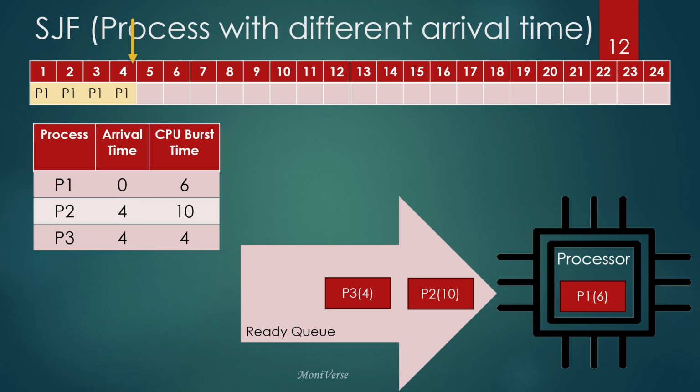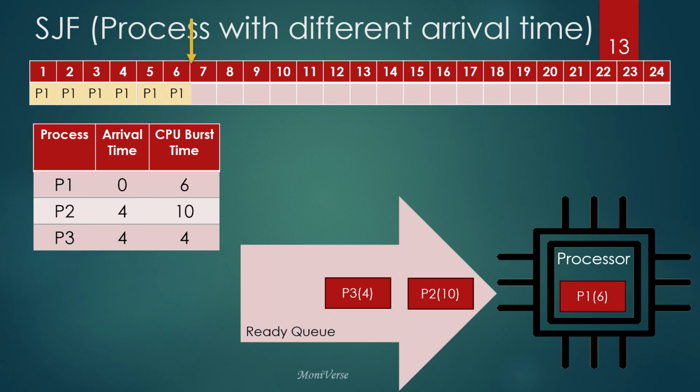So with this P3, as it is non-preemptive, the P1 is not going to leave the processor. It is going to continue its execution because only 4 units of time it has spent in the processor. So 6 minus 4, remaining 2 units of time is left over. So we are going to complete that 2 units of time.